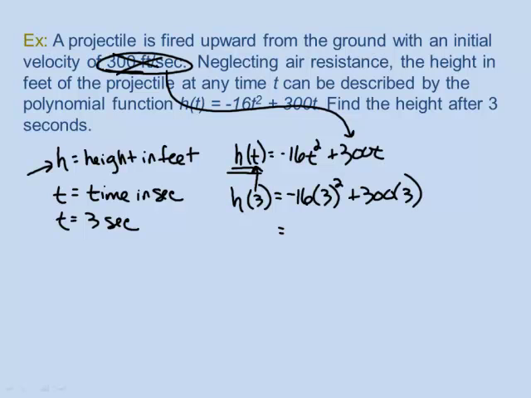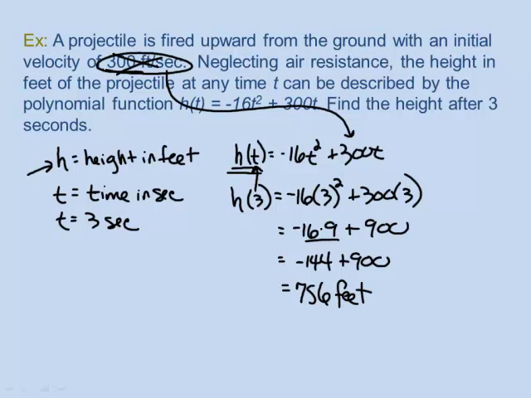That's equal to negative 16 times 9, plus 300 times 3 is 900. Do your multiplication step. Negative 16 times 9 is negative 144 plus 900. And if you do that addition step, you find that after 3 seconds, this particular projectile is at 756 feet. So the height at 3 seconds, or the height at time t, is equal to 756 feet.